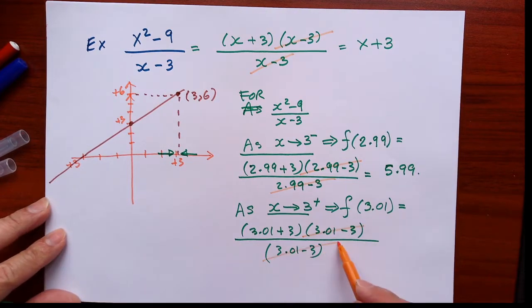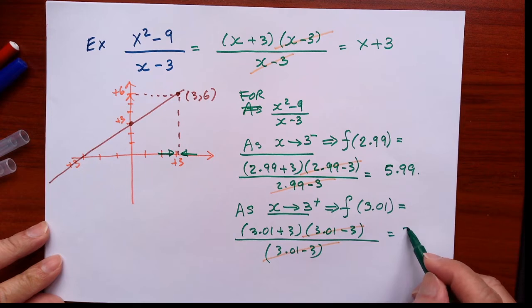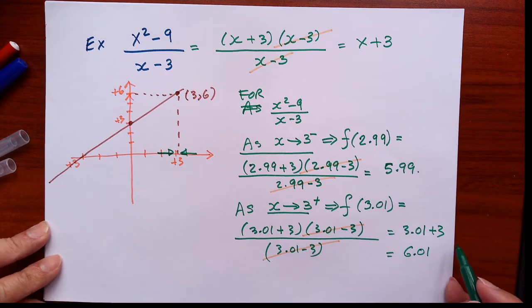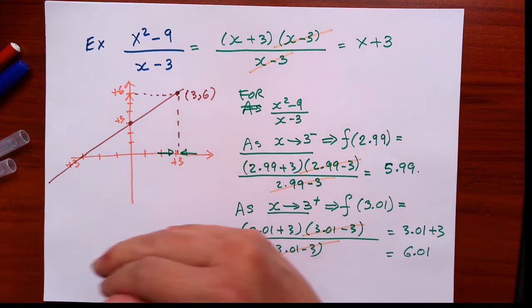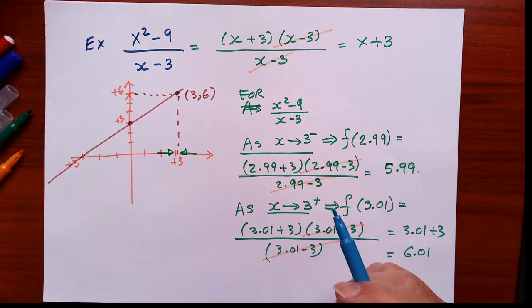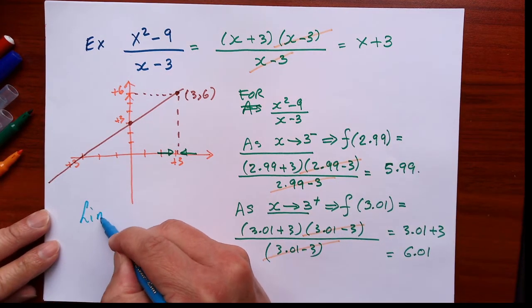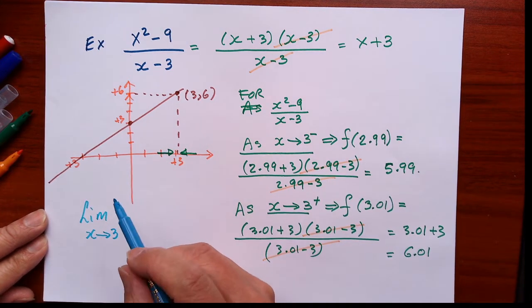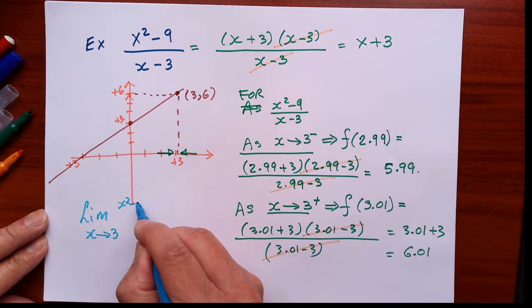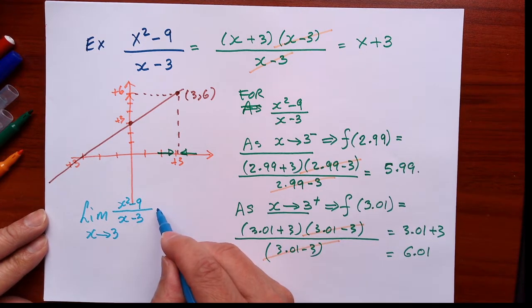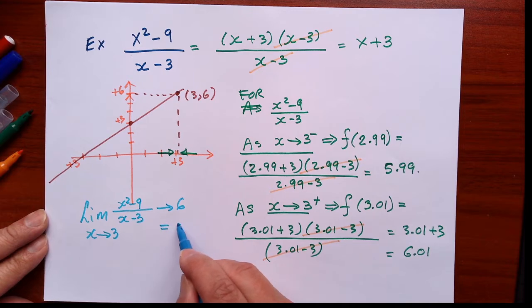This cancels out, and the answer is 3.01 plus 3, which is 6.01. So we can say that the limit as x approaches 3 for this function, x squared minus 9 over x minus 3, approaches 6, or equals 6.